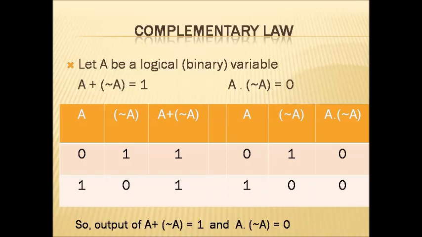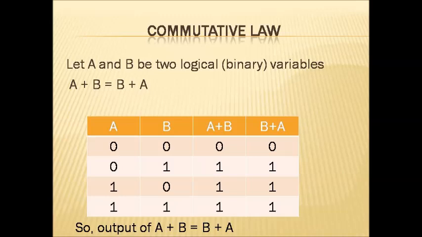Okay, the next postulate is the commutative law. Here we have two binary variables, say A and B. The OR operation A plus B is equal to B plus A. The same we have verified using the truth table method.